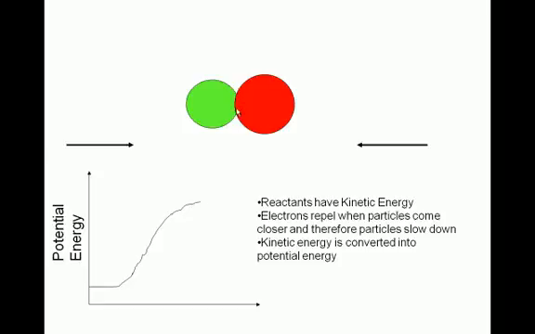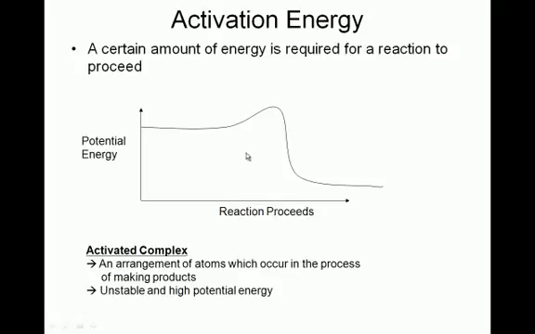And then they collide, and they're full of a lot of potential energy, and they're able to then react. So what we see here, this is what we call an activation energy. So here's our activation energy, and all it is is two particles coming closer and closer, and just like that graph showed, their potential energy goes up.